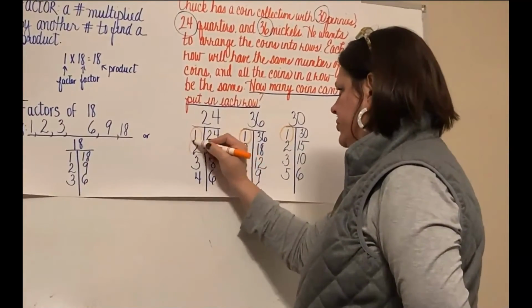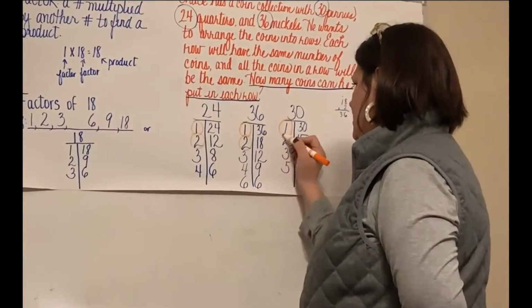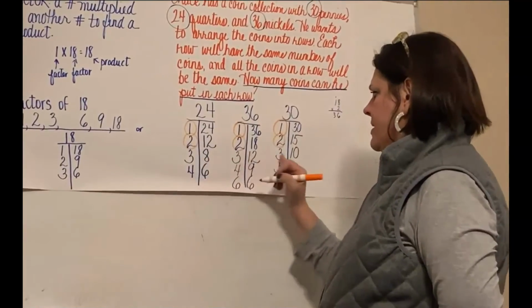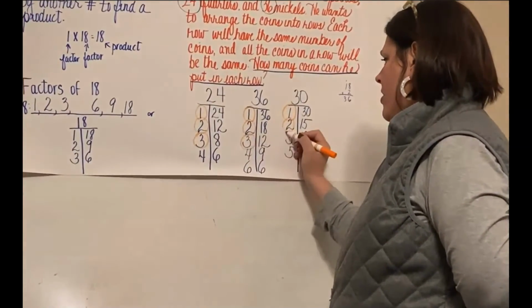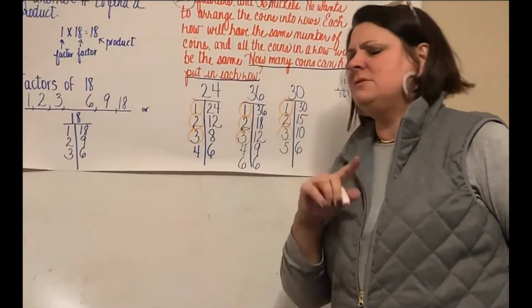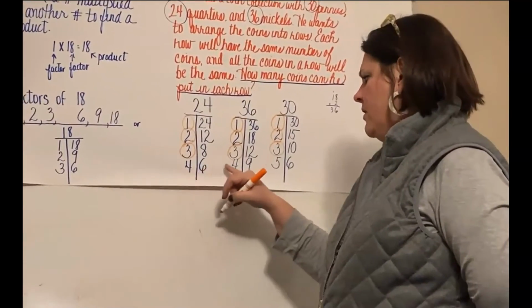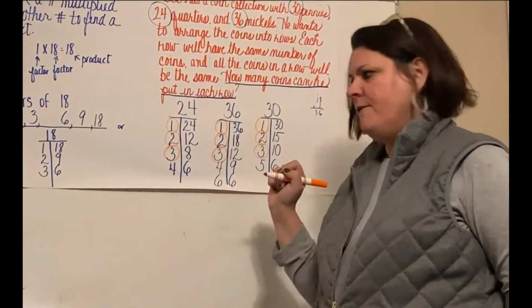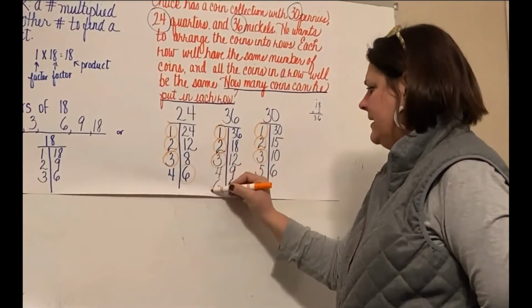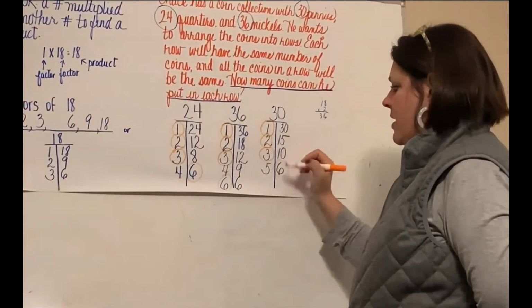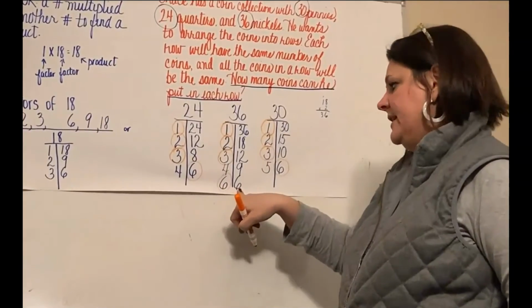Yep, 2, 2, 2. Do we have a 3? Yep. All 3 numbers have the same number in common. If they don't, then you can't circle them. 4, 4, no 4. 6, 6, and 6. In this case, you only need to circle one 6.